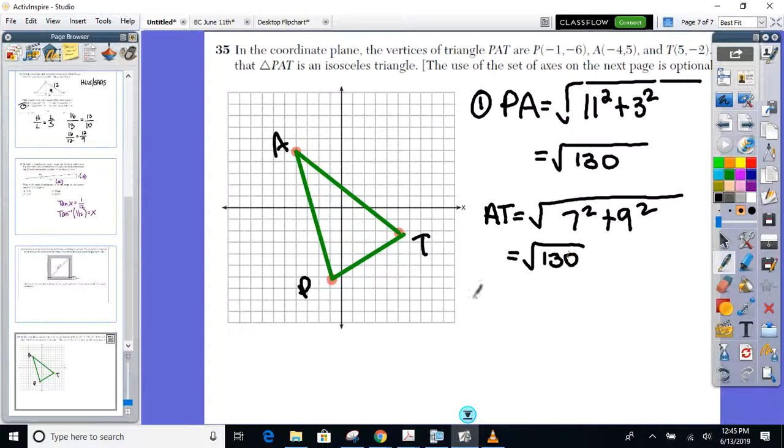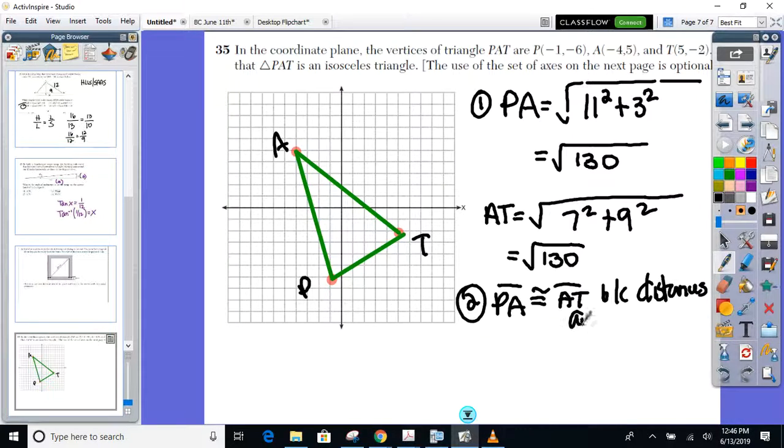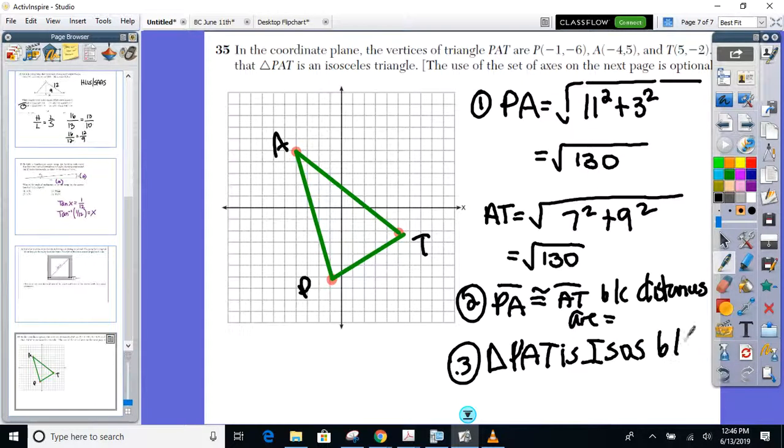It's going to go in step 2. We just found out that PA is congruent to AT because the distances are equal. And then in step 3, you can say this bad boy is an isosceles triangle. So triangle PAT is isosceles because two sides are congruent.